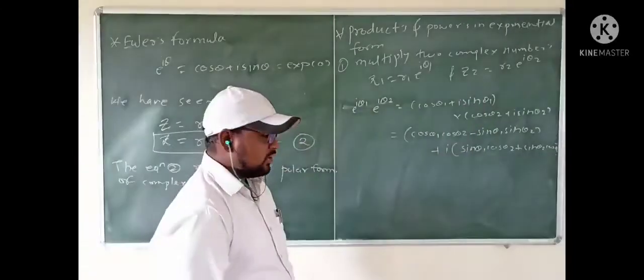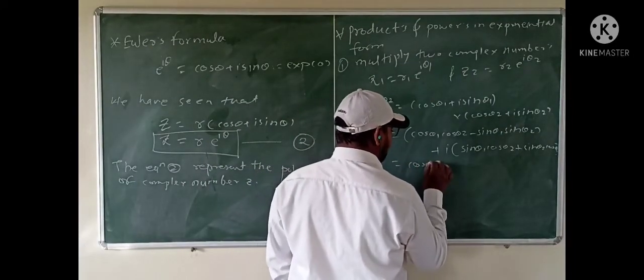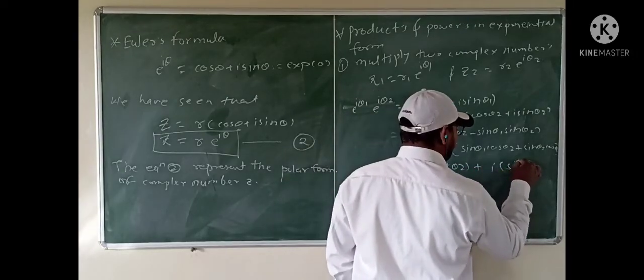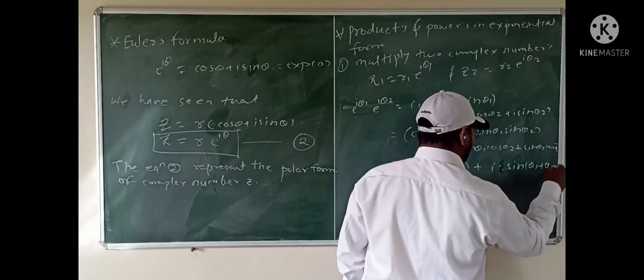By using trigonometric relations, this can be written as cos of theta 1 plus theta 2 plus i sin of theta 1 plus theta 2.